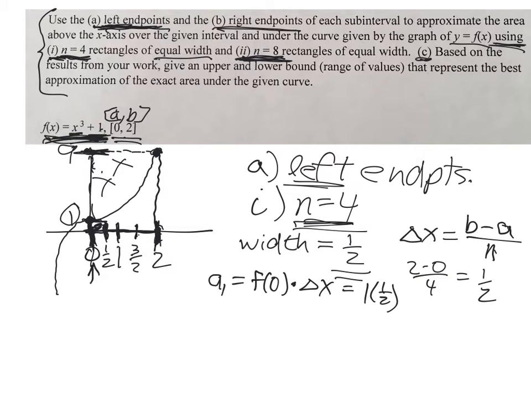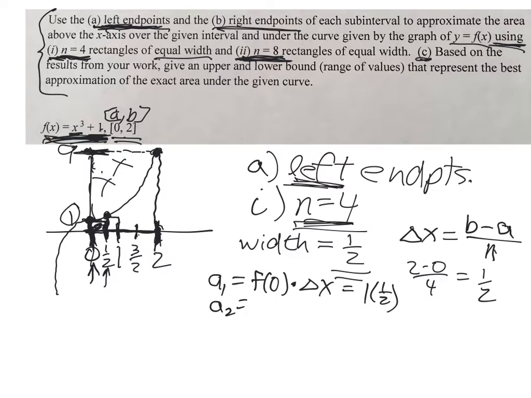We use the left endpoint of our second subinterval to calculate the height. Well, that's going to be using 1/2. We come up here to the curve, and we get that rectangle to represent our second subinterval.